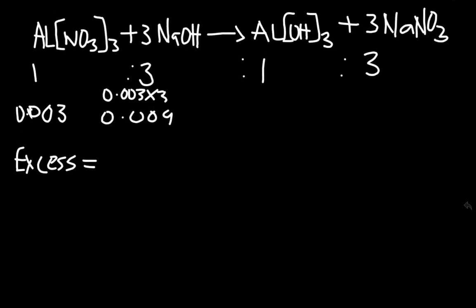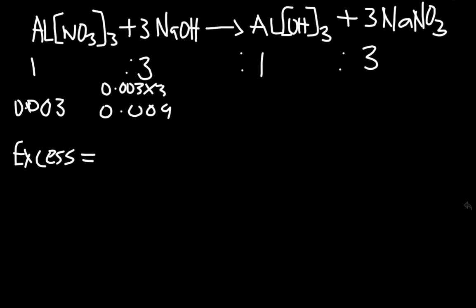So next we would say the excess of NaOH will equal 0.015 minus this value here, 0.009.